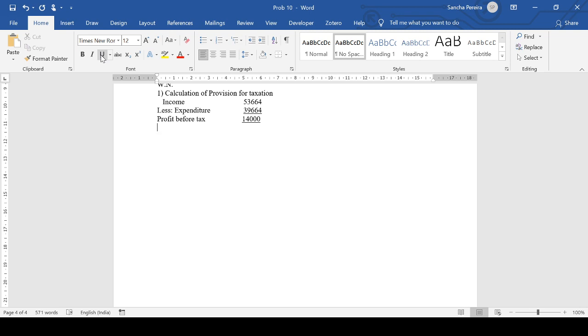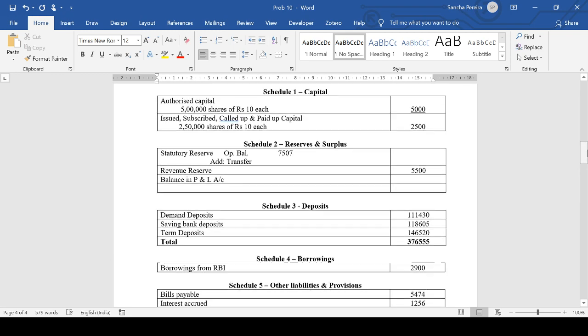So therefore, provision for tax is equal to 14,000 into 35%, which is equal to 4,900. So we will just transfer this there, 4,900.